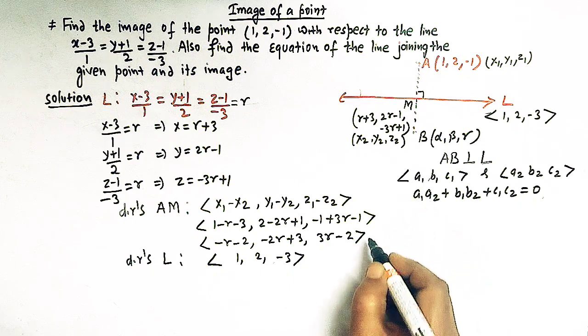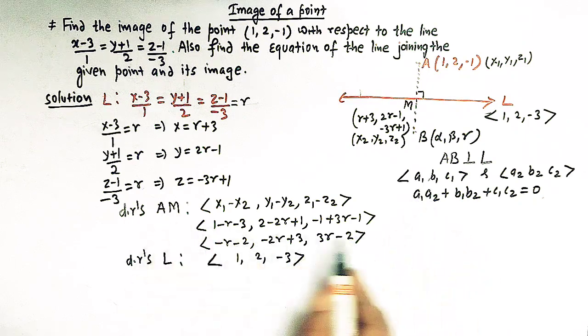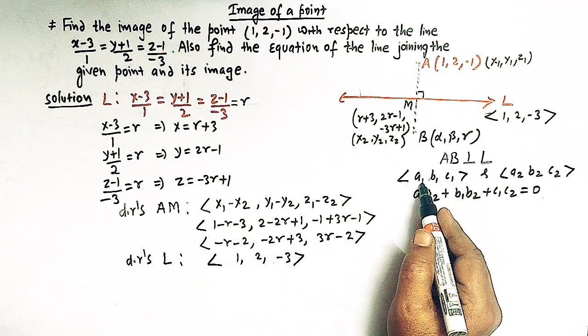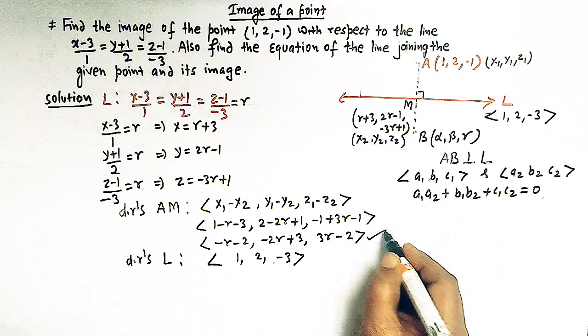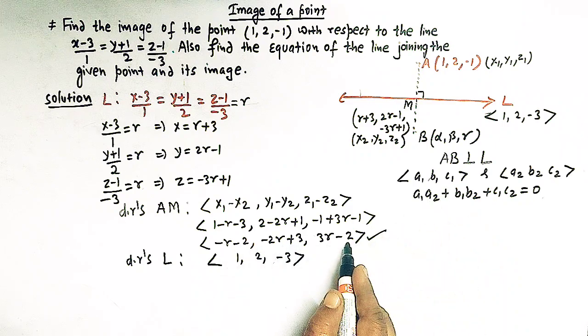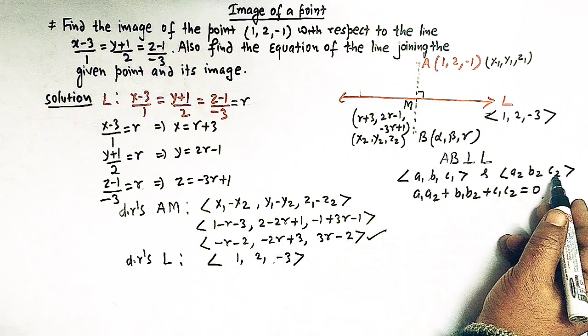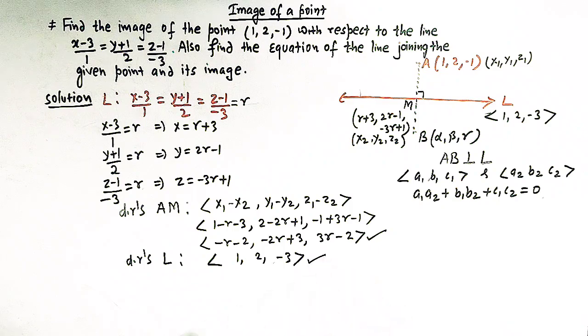So here we can take the direction ratios A1, B1, C1 as these direction ratios, and A2, B2, C2 as these direction ratios.